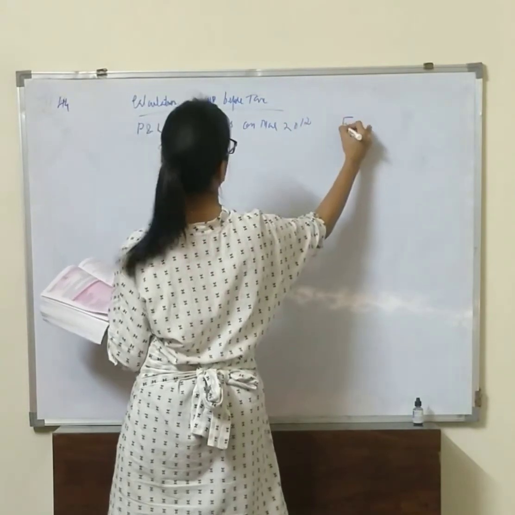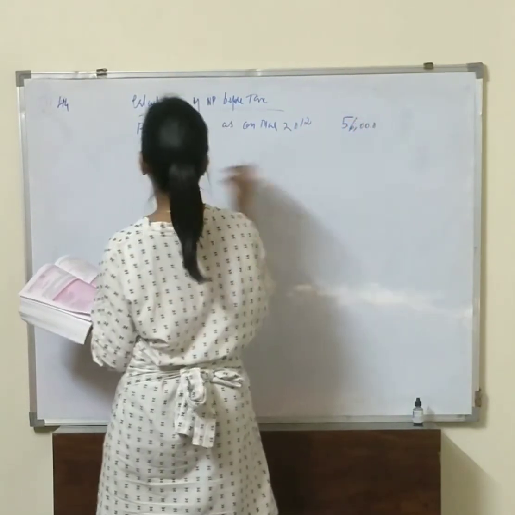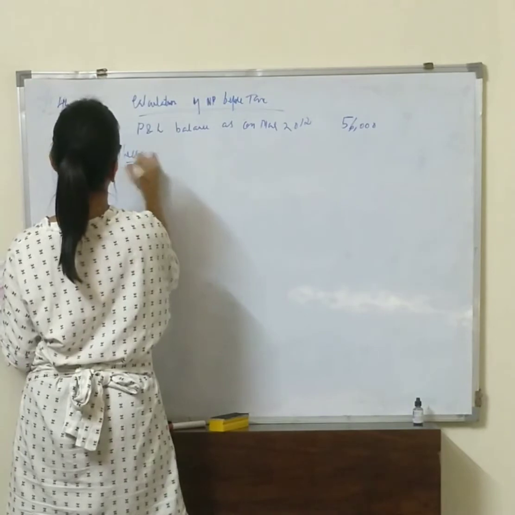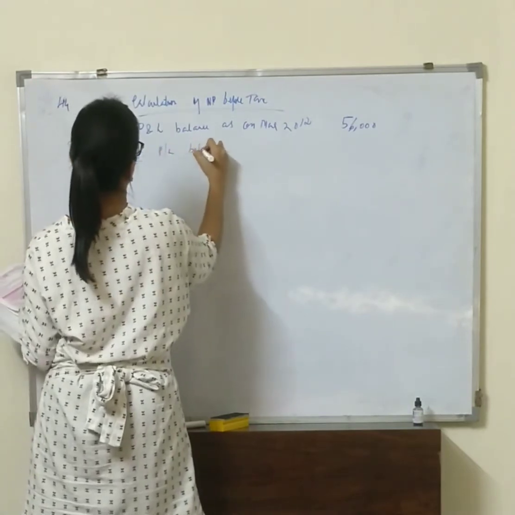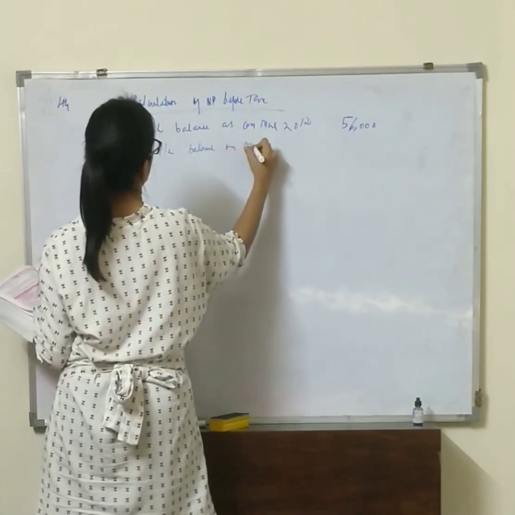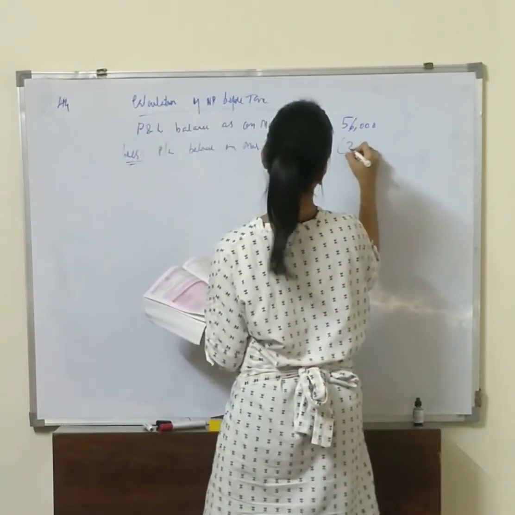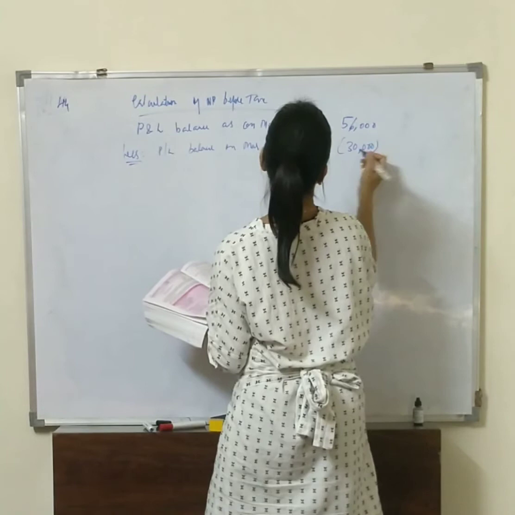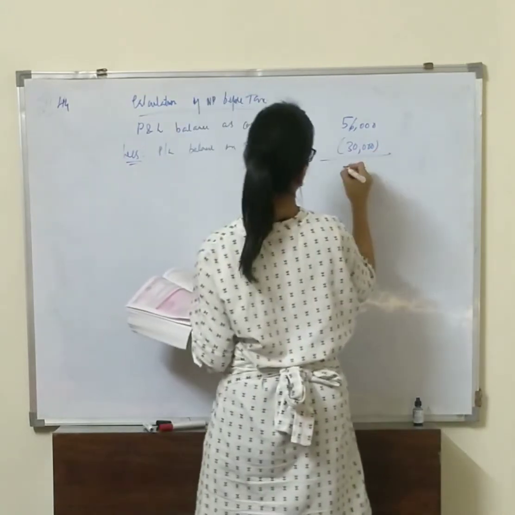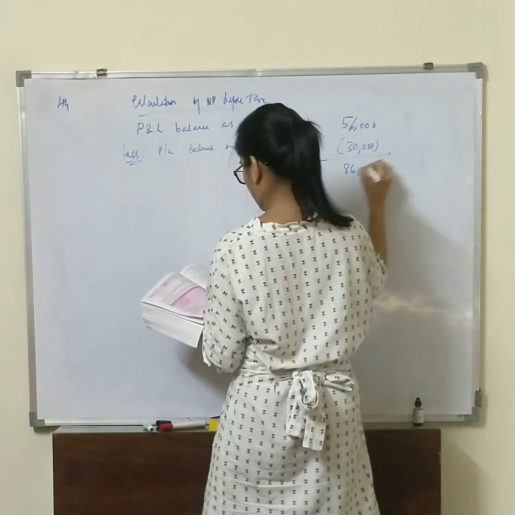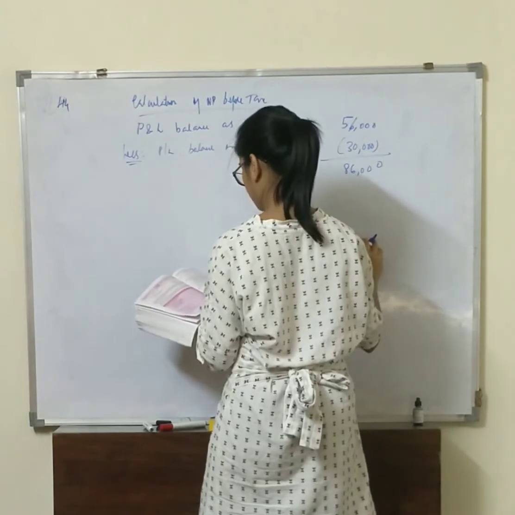How much is it? 56,000 less profit and loss balance on March 2011. How much is it? Negative 30,000. So minus of minus becomes plus. It is 86,000.